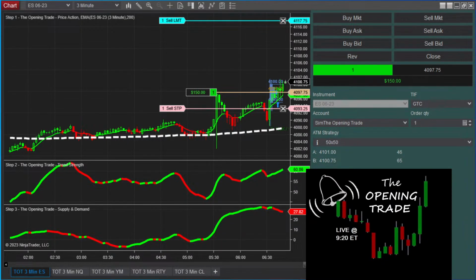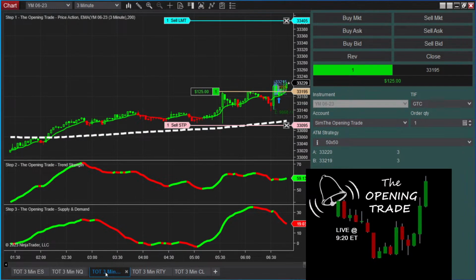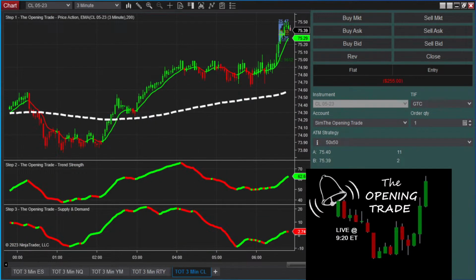Yeah. So here we're in the ES, it's still in an automated trade, and here we're on the Dow Jones Futures, again still in the automated trade, and the crude oil is still pulling up and above and away from the 200 period EMA, which means at this time it is not a viable time for me to take a manual trade in the crude oil.